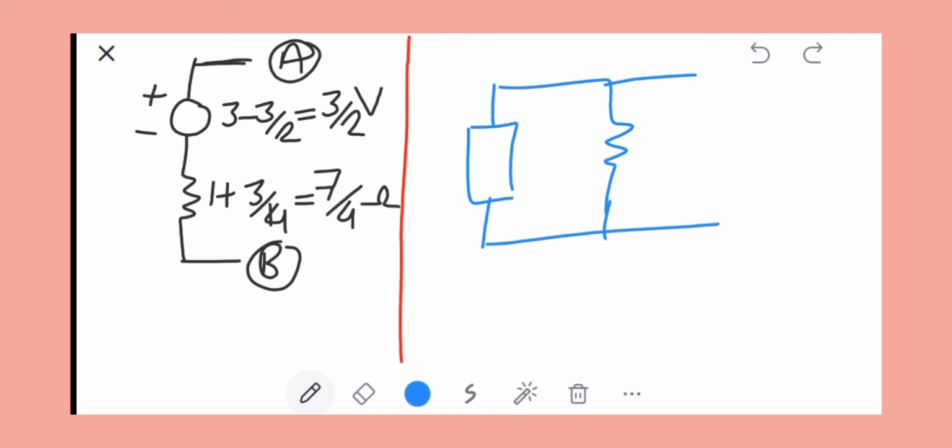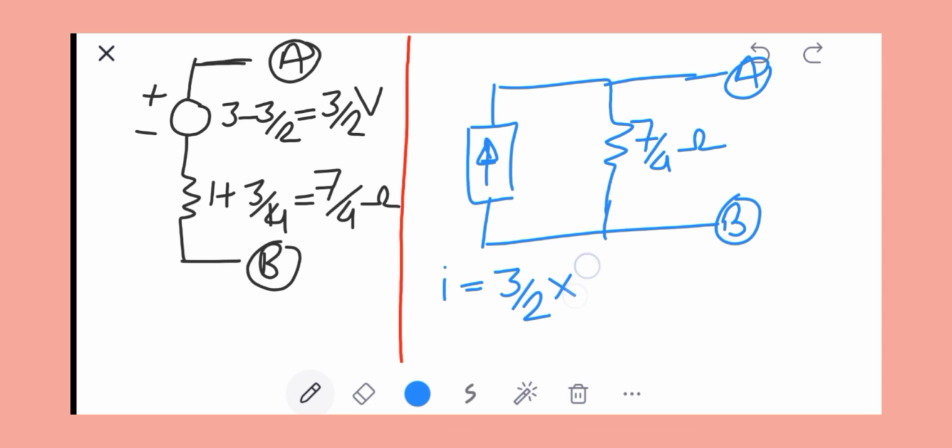Here this is 7 by 4 ohm, A and B. For the current, it is plus minus, so definitely it will be upward, and the current I equal to how much?